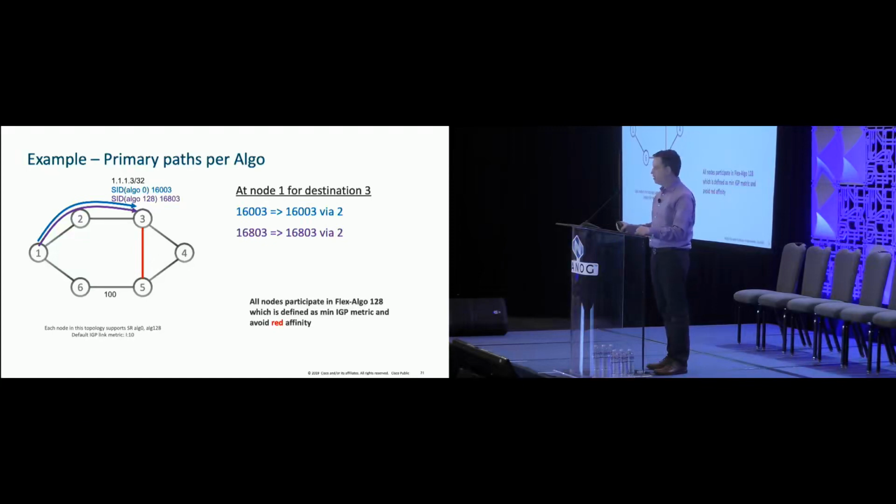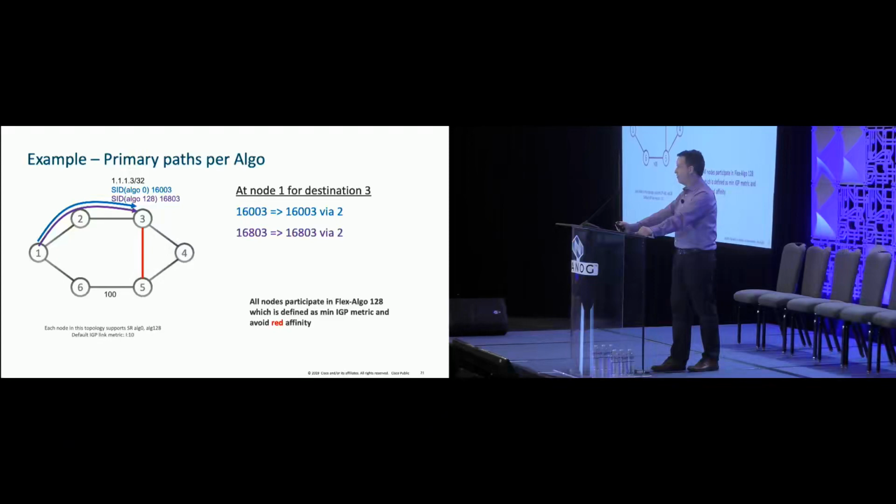And now what you see in the slide is the primary path to go from 1 to 3 according to algo 0 and algo 128. They are the same. Node 3 has one loopback and two labels, an algo 0 label and an algo 128 label for its loopback 1.1.1.3. So far, there is no mystery here. Same path for both FlexAlgos.